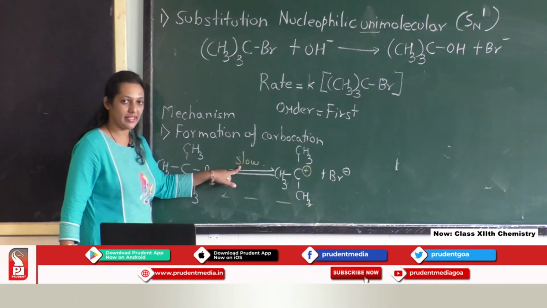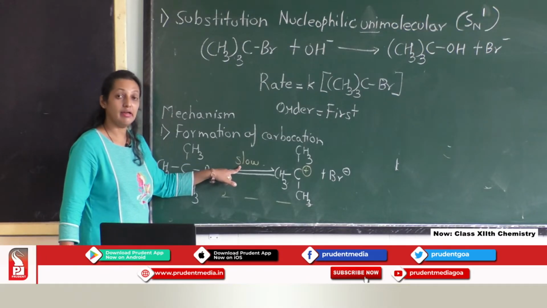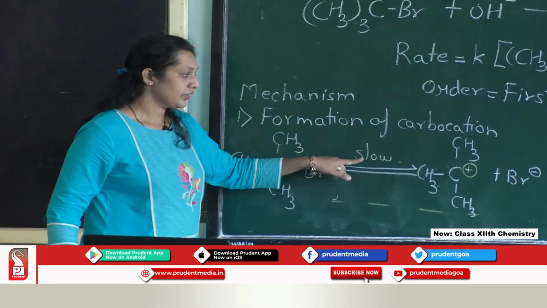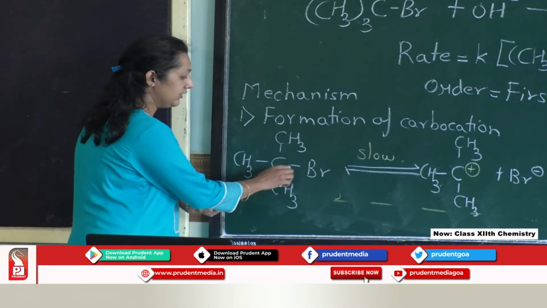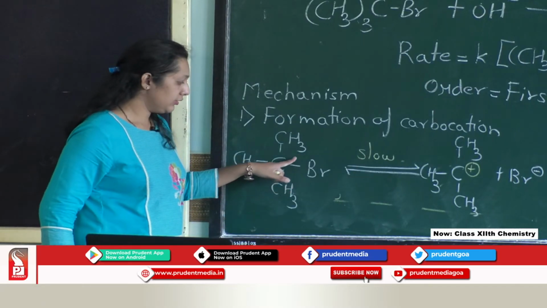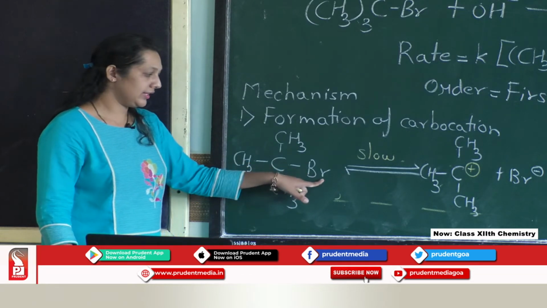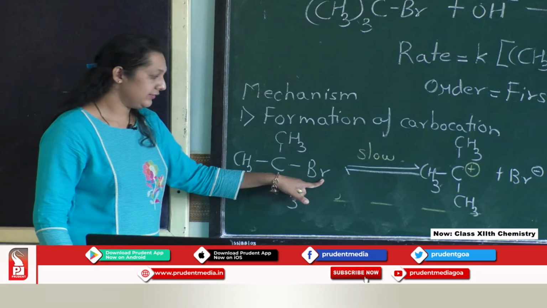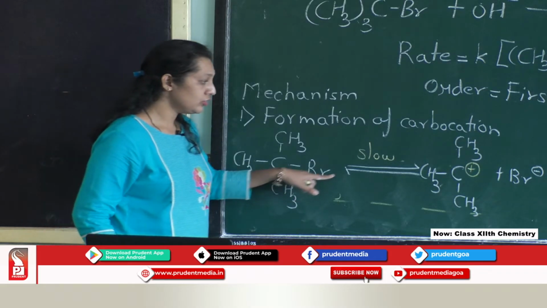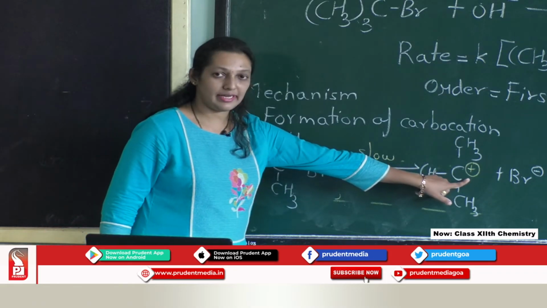This is the slow reaction, and slow reaction is the rate determining reaction. Here the heterolytic fission takes place and the bond will cleave between the carbon and the halogen, and the electrons will be taken up by the electronegative halogen. So, the formation of the carbocation takes place.